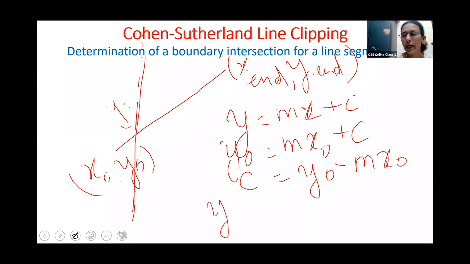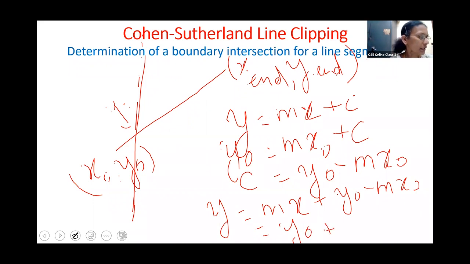So I get y equal to mx plus y naught minus m x naught, or this is equal to y naught plus m into x minus x naught. I'm taking m common here. So I get y equal to y naught plus m into x minus x naught. Is this clear?